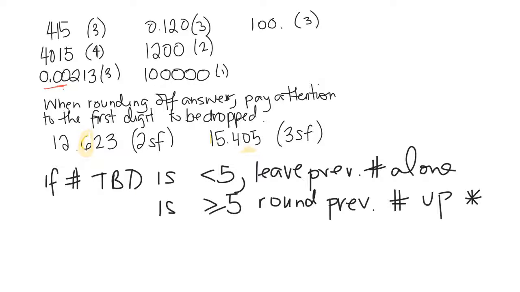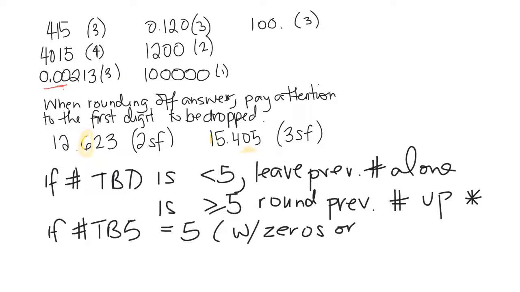I'm going to put a star beside this because there's a funny rule with a 5. If a 5 has only zeros after it, or there's nothing after it and it's the number to be dropped, we have a special rule.